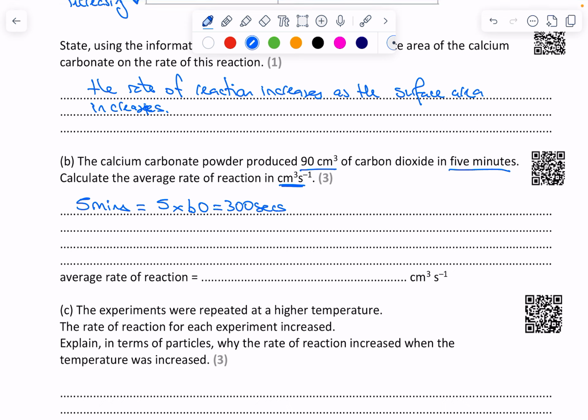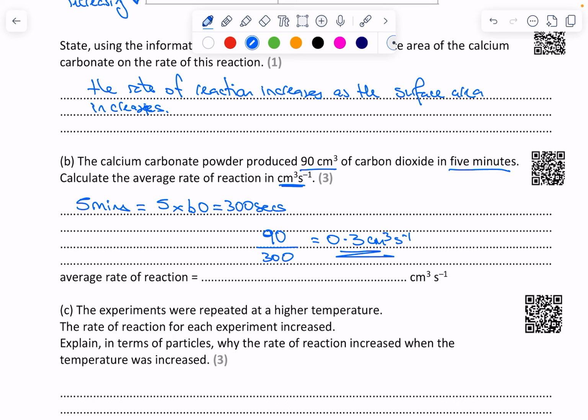And then to get this answer, all I need to do is take the volume of gas, and that was made in 300 seconds. So now we're going to do 90 divided by 300, and that's giving me an answer of 0.3, and that will be the centimeters cubed per second as a final answer.